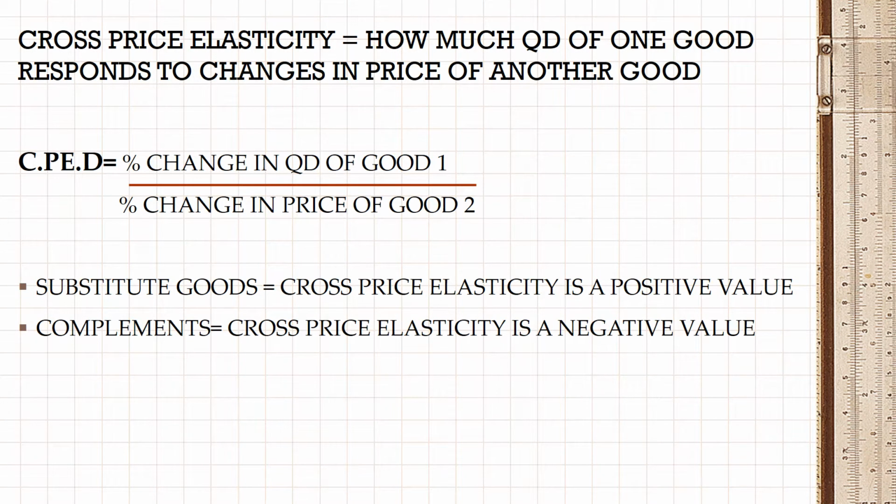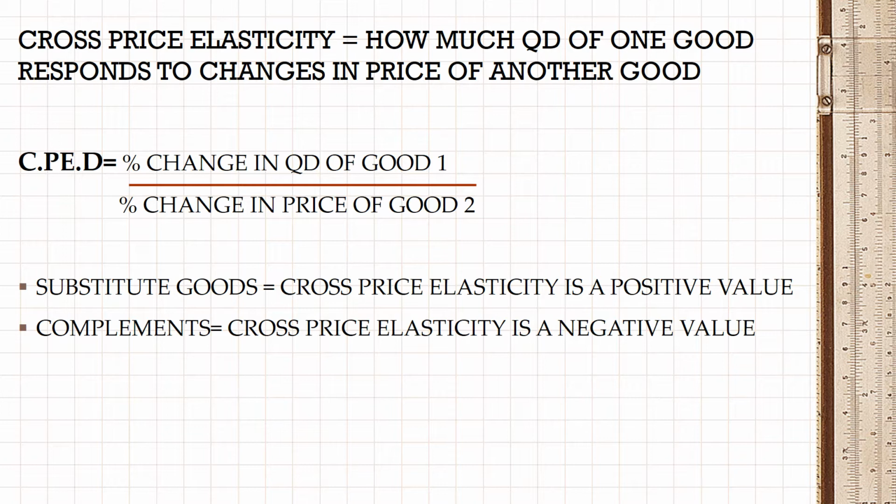Cross price elasticity states how quantity demanded of one good responds to changes in price of another good. If you emphasize on this statement, you will remember the determinant of demand, that is change in price of related goods. In that determinant, we had cases of substitute and complementary goods.